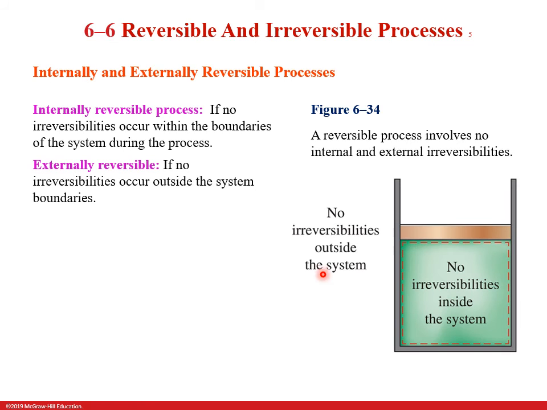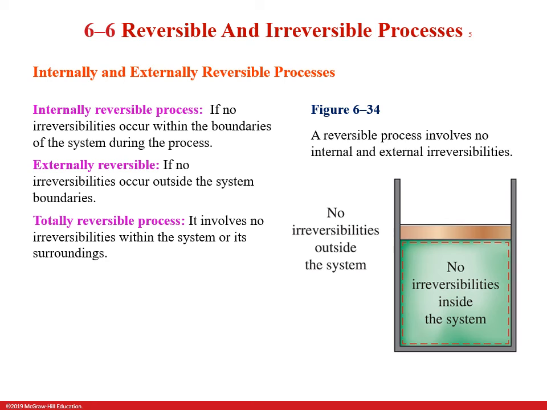If you have no irreversibilities outside the system, that's called an externally reversible process. And then a totally reversible process involves cases where there are no irreversibilities within the system and outside the system with its surroundings.